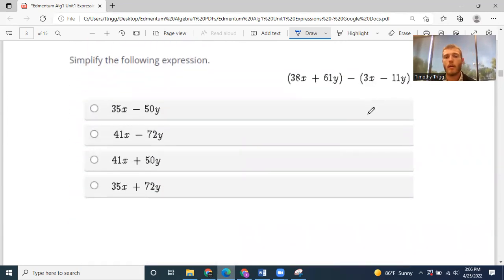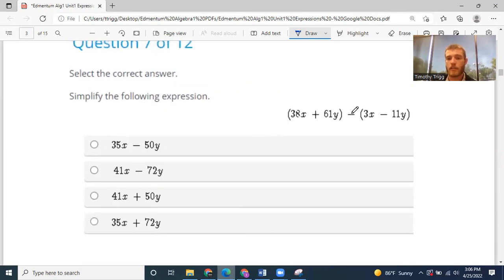Okay, next one. Here we look at this expression. Notice this negative is in front of this parentheses. What that means is this negative applies to this parentheses. It's going to change the signs of everything in this parentheses. So this first one, I'm just going to rewrite this first stuff.